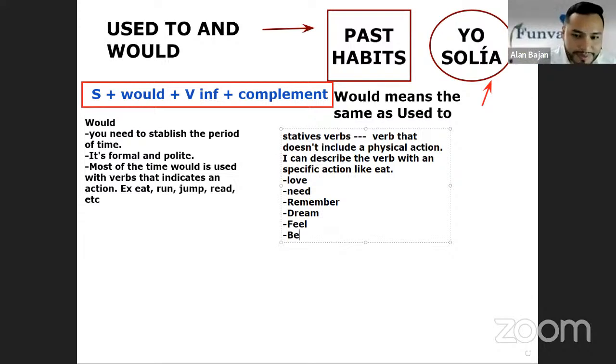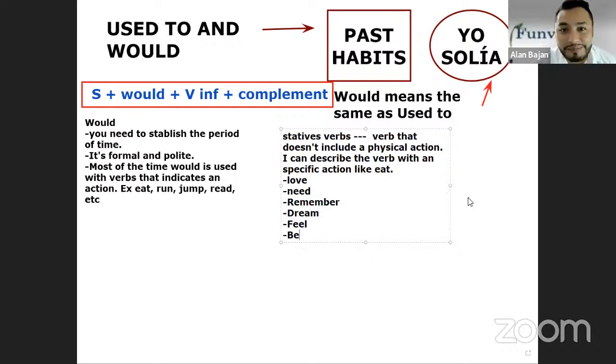Also, you know, the verb to be is an stative verb. ¿Cómo definimos ser algo? Eso no incluye un esfuerzo físico. ¿Podría ser esta persona por mí, por favor?